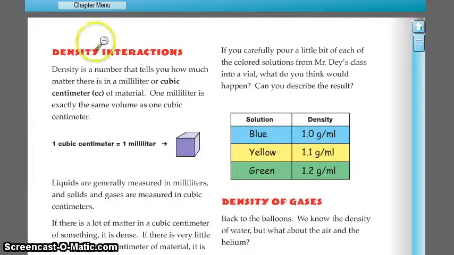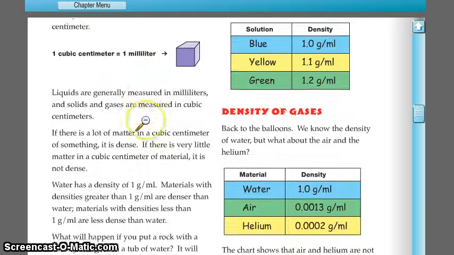Then it starts to go over the different things about density and how we have cubic centimeters, which is equal to a milliliter. We talked about that in class, where we had 1,000 cubic centimeters and 1,000 milliliters, and we filled both containers up with water, and they both had the same amount of water.